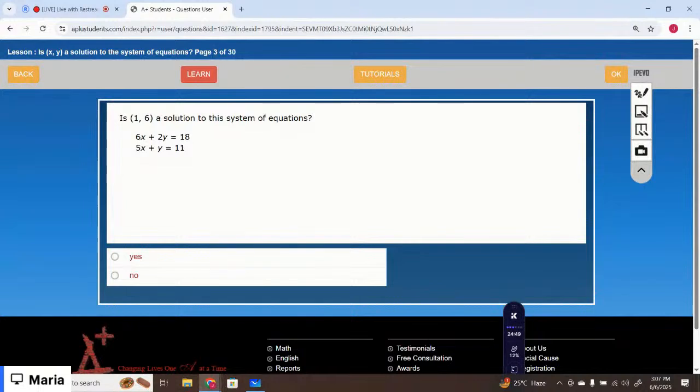Is (1, 6) a solution to the system of equations? So which is the correct option? The correct option is yes. (1, 6) is a solution to the system of equations. Option number 1 is the correct option.